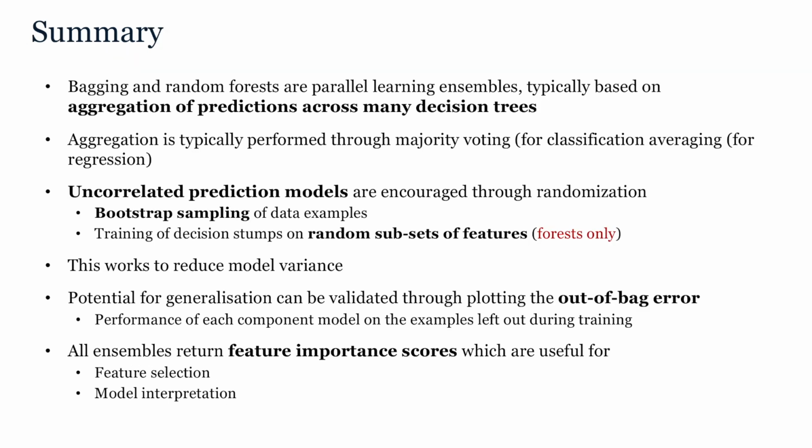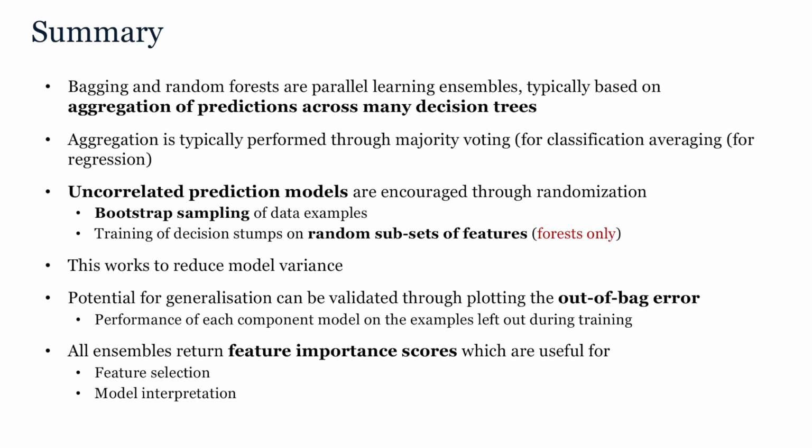So in summary, bagging and random forests are parallel learning ensembles based on common principles. While bagging in principle can be applied to any learning model, it was originally designed for trees, and random forests was an extension of that. The idea is that many different weak learners are trained independently in parallel and then are aggregated either using majority voting or averaging, where the goal is to make the base learners as uncorrelated as possible by adding randomization into the training process.